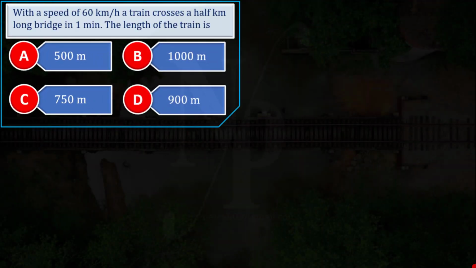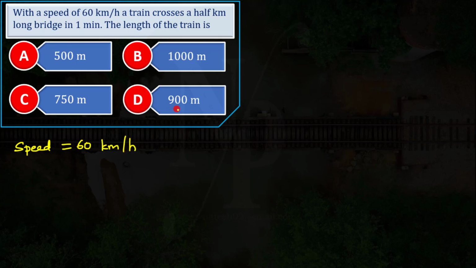Here speed of the train is given and time taken by the train to completely cross a bridge of length half a kilometer is also given. We need to calculate the length of the train. So here speed of the train is equal to 60 km per hour.